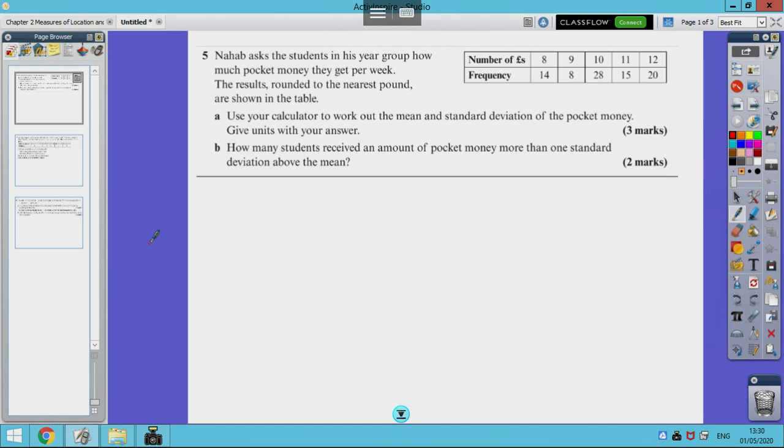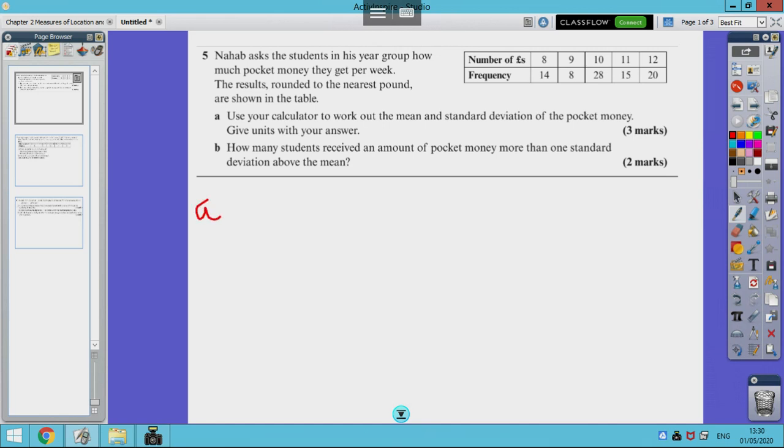So first of all, we'll start off with 5B. It asks you to calculate the mean and the standard deviation with your calculator. That should be easy enough because you can just type in all this information, do what I taught you, or if you can't remember, look up a YouTube video on how to use your Casio calculator to find the mean and the standard deviation.